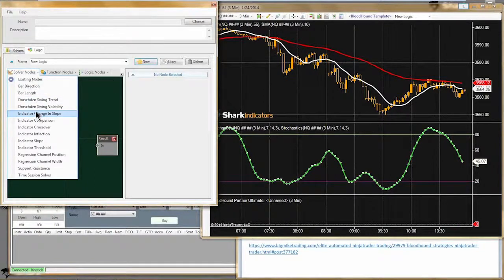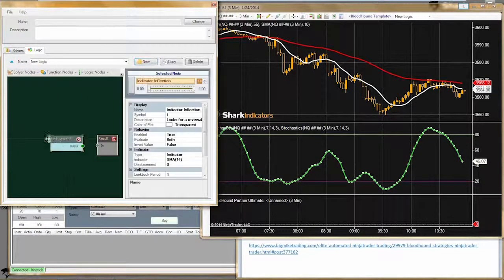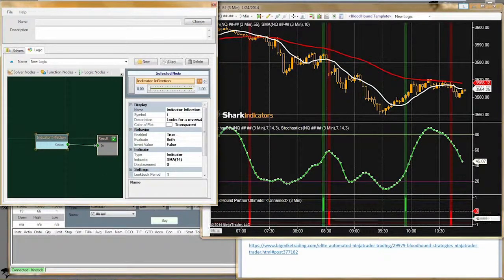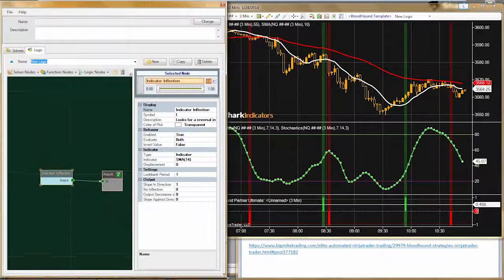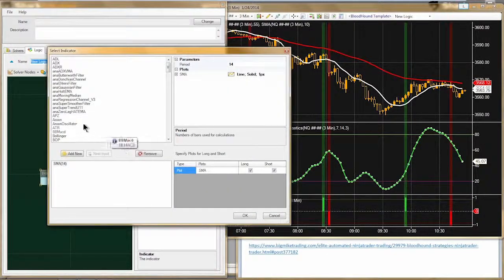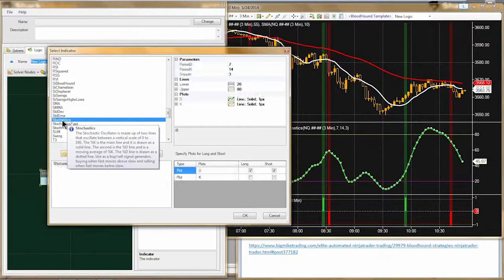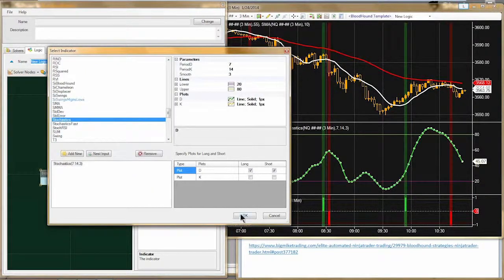So they were looking for when something like the stochastic was reversing direction. So let's put the stochastics in here so we can find when the stochastic's reversing direction. And alright, we want to use the D plot.